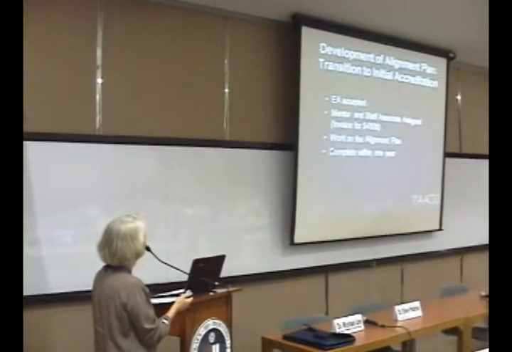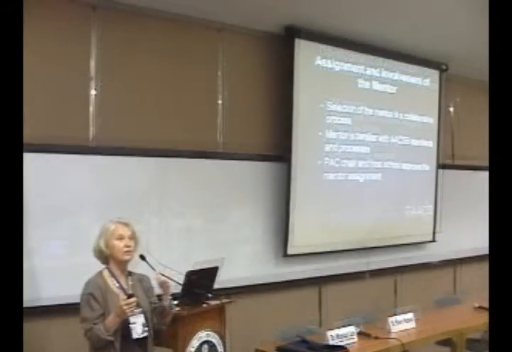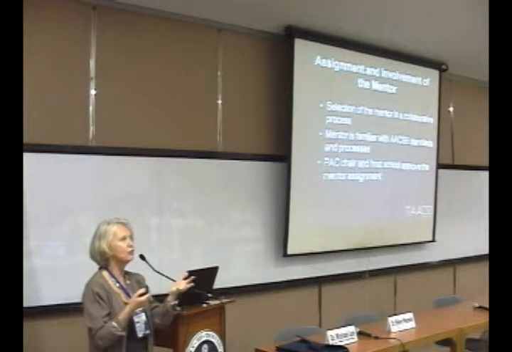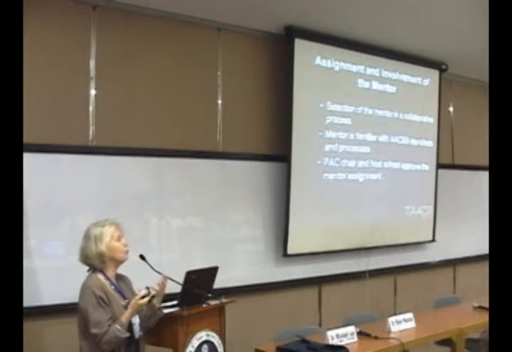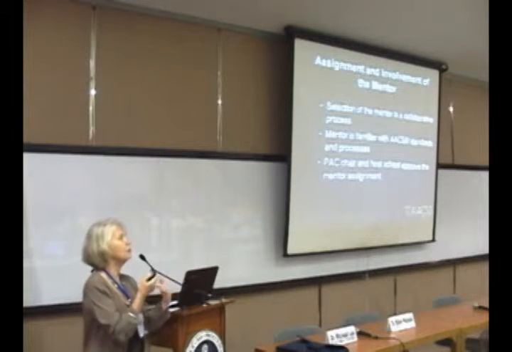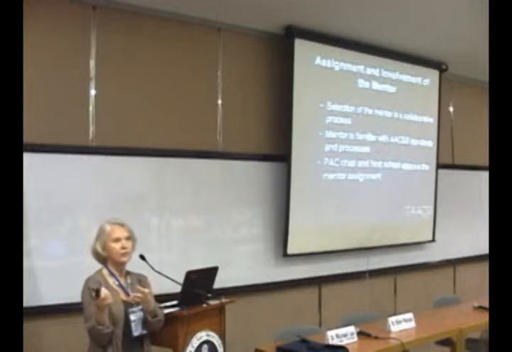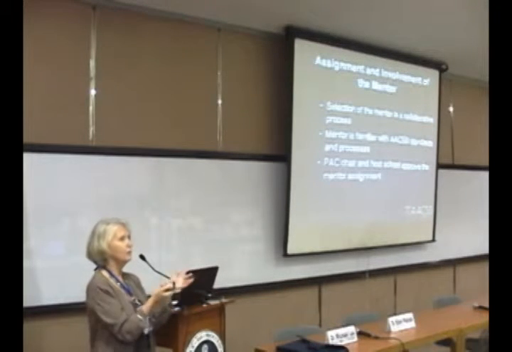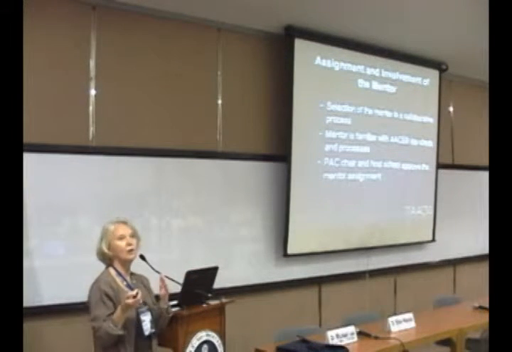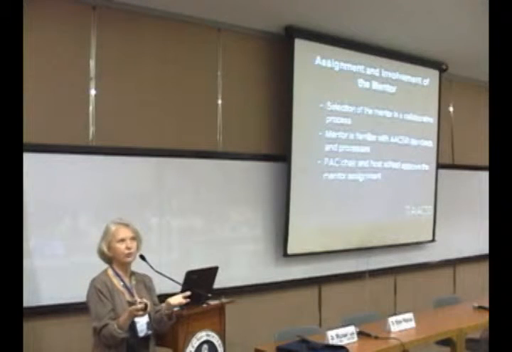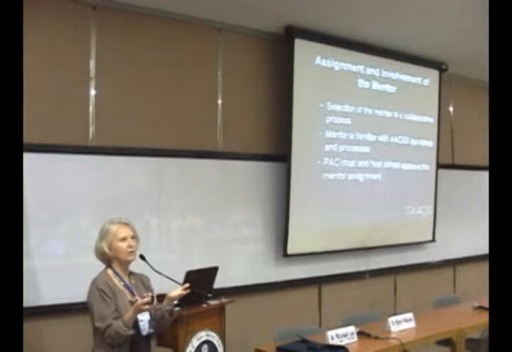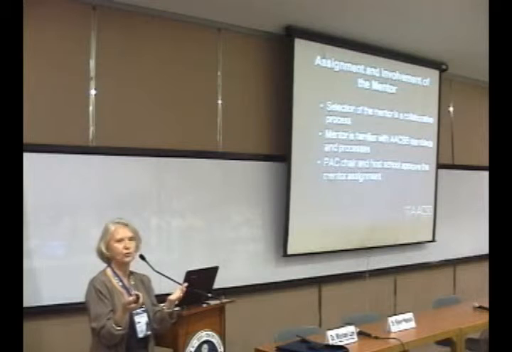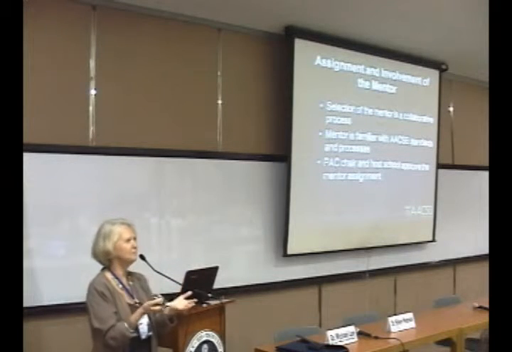Let's see, so we've done the criteria, the mentor is assigned. That decision on who does that, which mentor should be assigned, is a joint decision between the accreditation staff and you, and of course the mentor. A name will be suggested to you. You will say yes, that's okay, or you could say no, I don't want that person. They don't come from an institution that I think is suitable, or something like that.